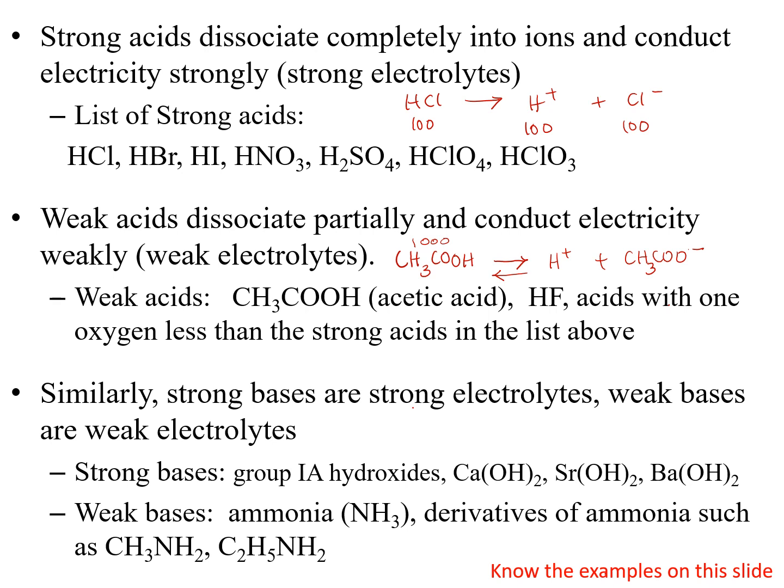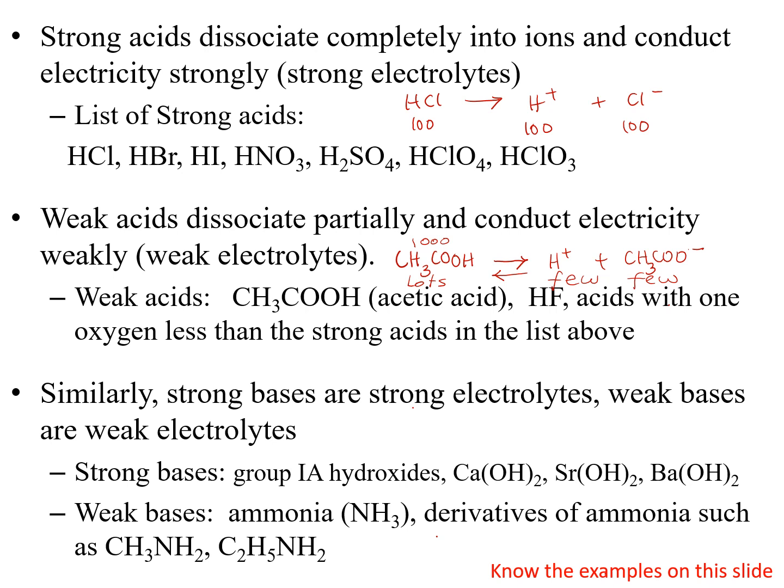Probably only a few, one or two, will actually dissociate to give protons and acetate ions. Since you have lots of the molecular form of the acid and very few ions, your solution is going to conduct electricity weakly, and so weak acids will be weak electrolytes.